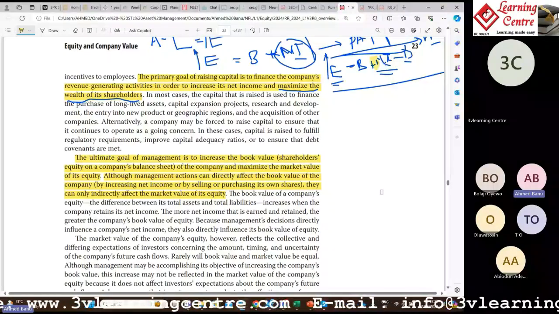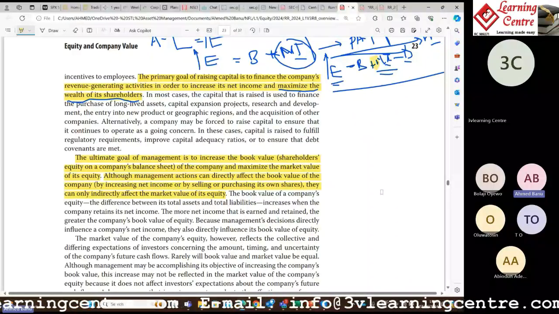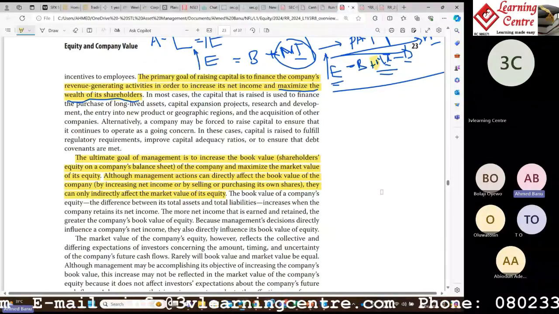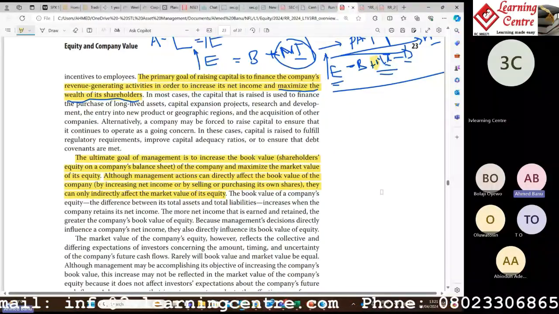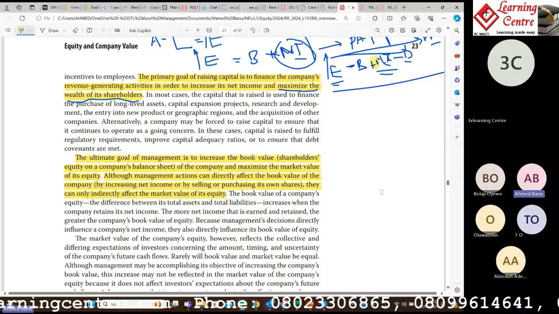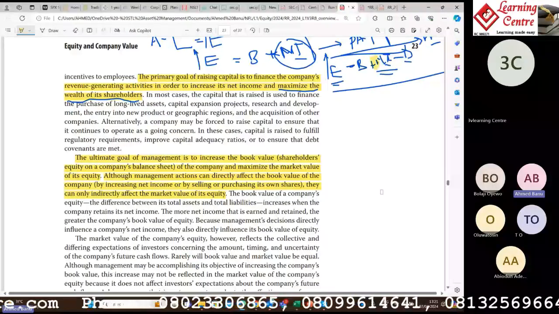That's why Warren Buffett would always say that he loves companies that are doing well, but investors are not seeing or don't appreciate that doing well. I see a company that is growing its net income, growing its book value, but the market just doesn't like that company.